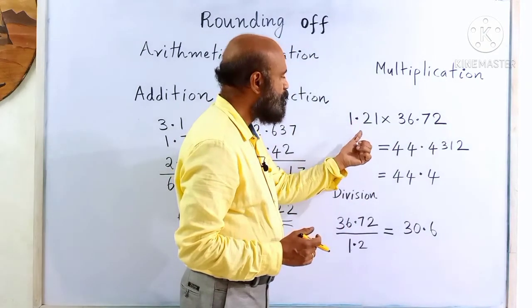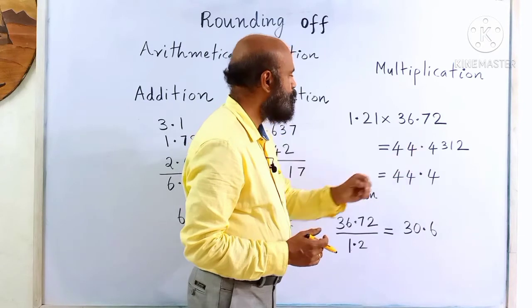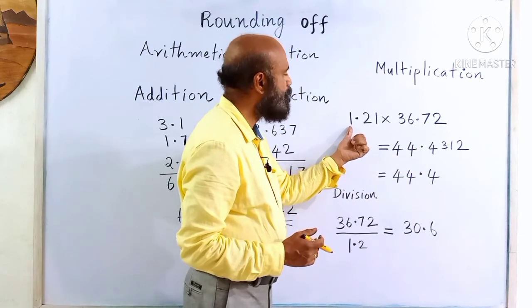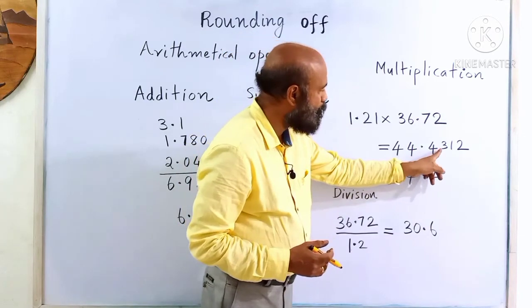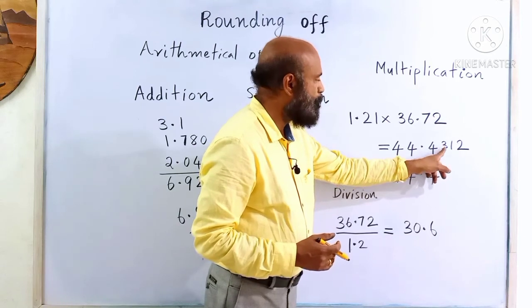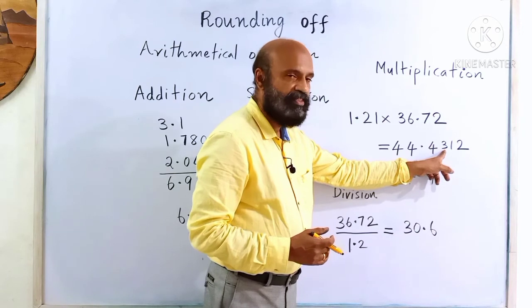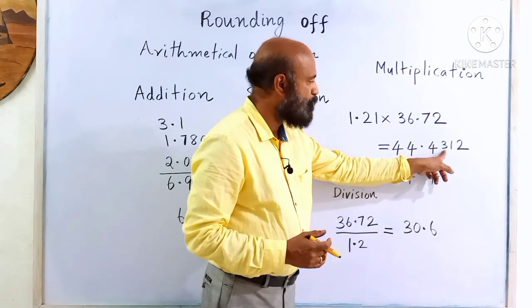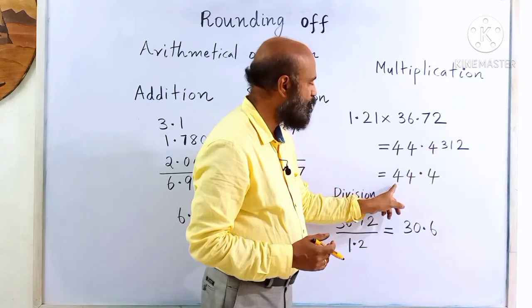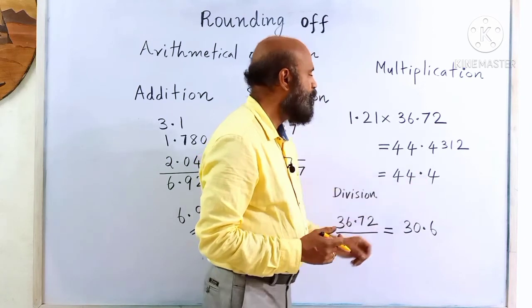So in this case, the answer should have only 3 significant figures. So you have to stop here. That means this 3 is to be dropped. This 3 is less than 5. So this is left unchanged. So the answer is 44.4.